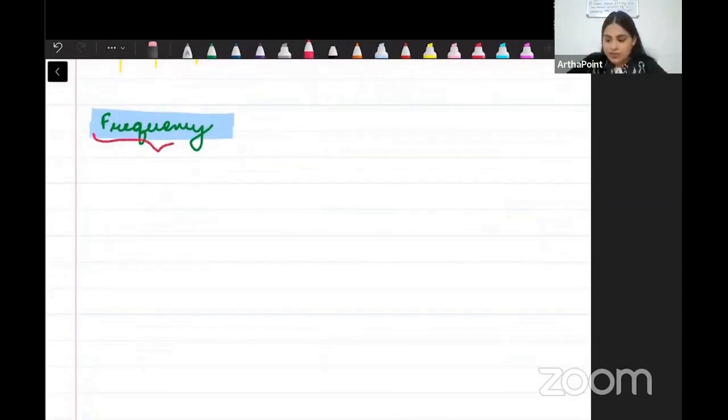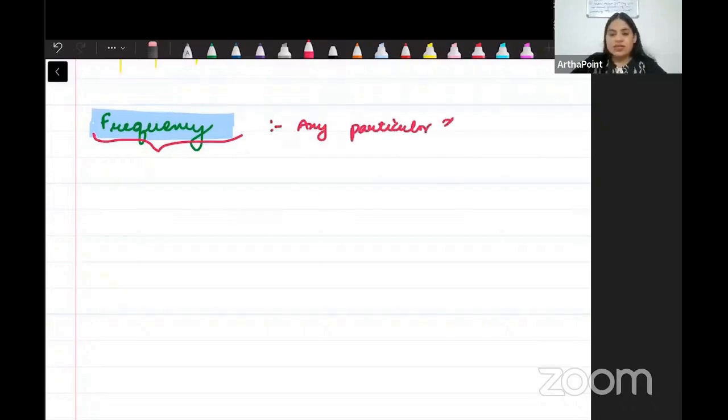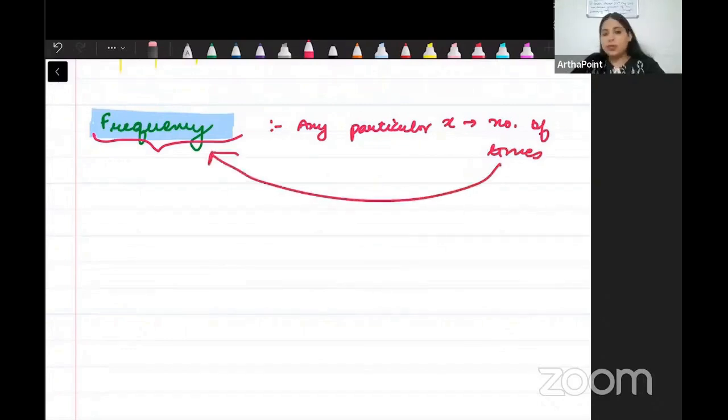All of us are aware: the number of times that your variable occurs in the data set, that is frequency. For any particular X, the number of times it appears becomes the frequency. This is what we already know.